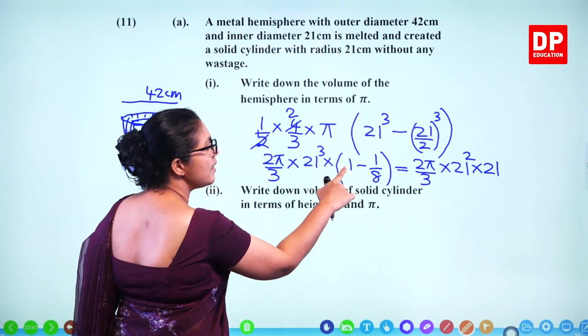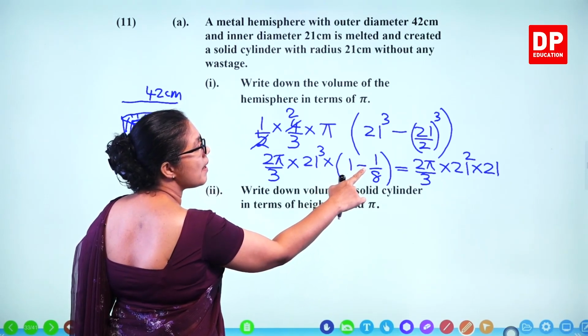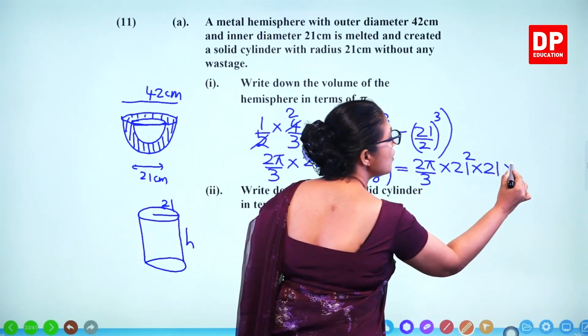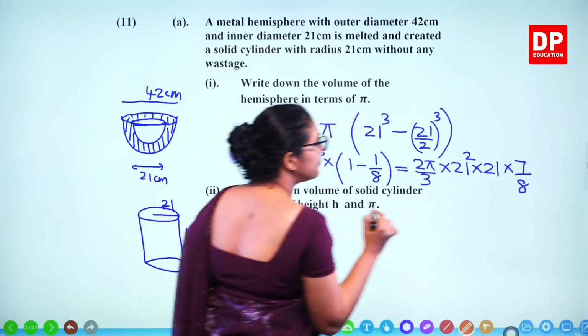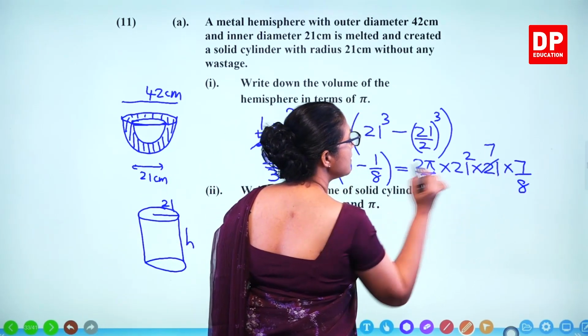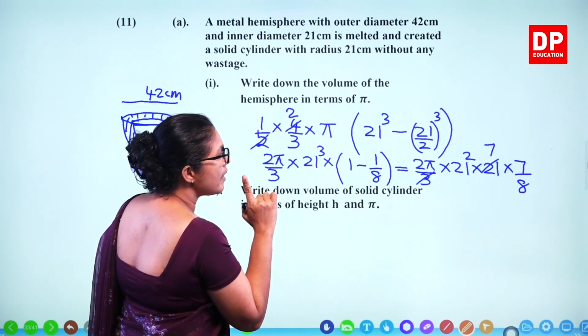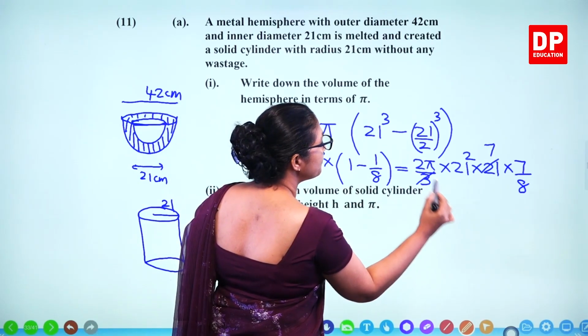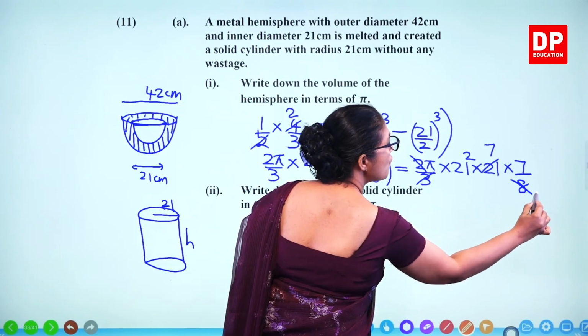And this one, 1 means 8/8 minus 1/8, 7/8. Now we'll cross out 3 with this 21, and you get 2 with this 8, 4.